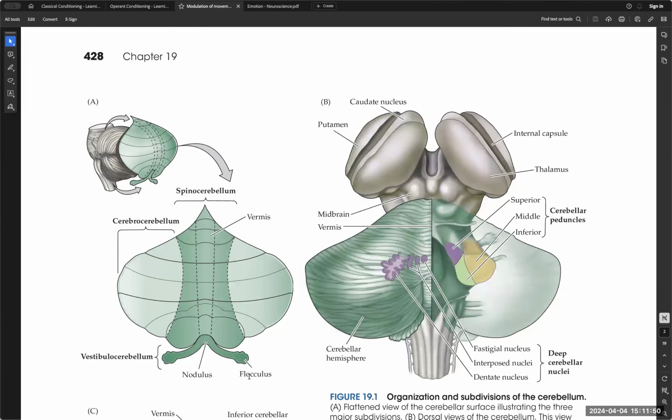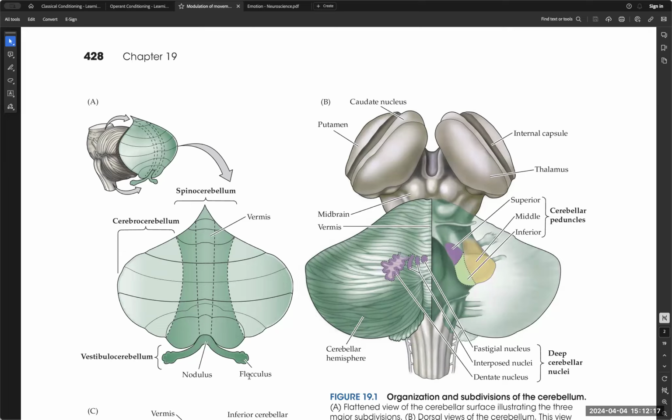The interposed is beneath the median part of the spinocerebellum. And the third is called the dentate nucleus, which is beneath the cerebrocerebellum. Of course the input is the cerebellar cortex. The output are the deep nuclei.